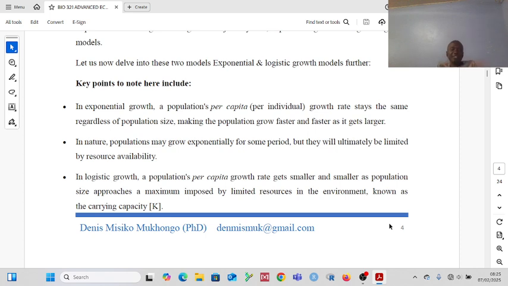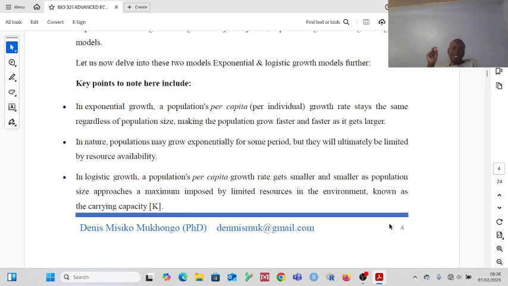So besides even the resource availability, if you keep organisms in a given place, as much as you are feeding them, they are also giving out waste. So as the waste accumulation increases in the environment, because the numbers are increasing, which means if you had 2 today, you have 4, then you have 8, then you have 16, like that. So when you had 2, and at some point now you have 32 within the same area, surely the accumulation of waste will now be higher.